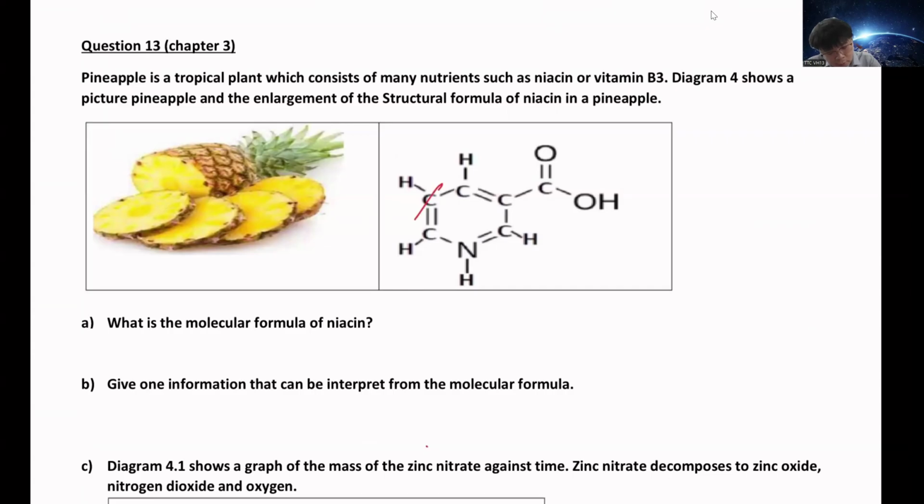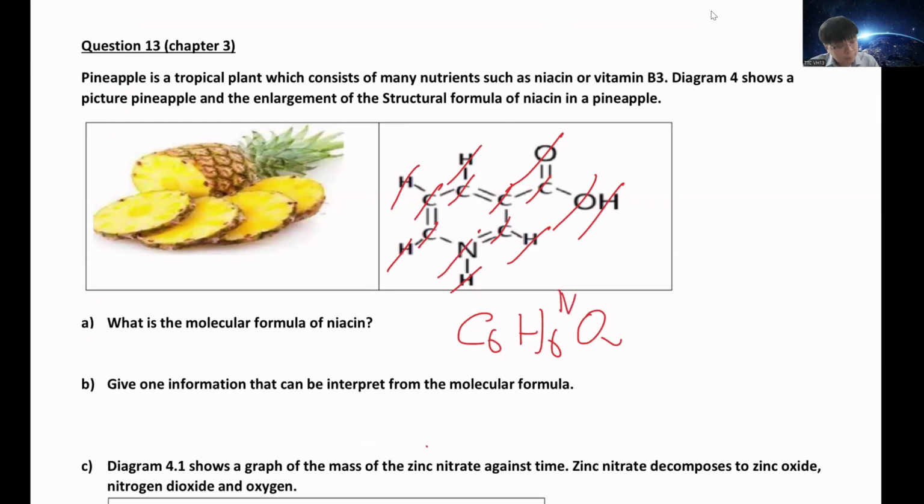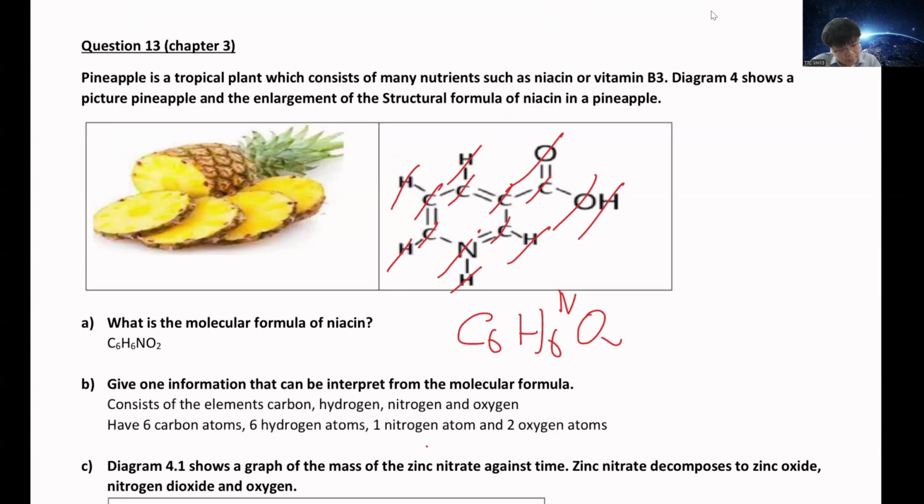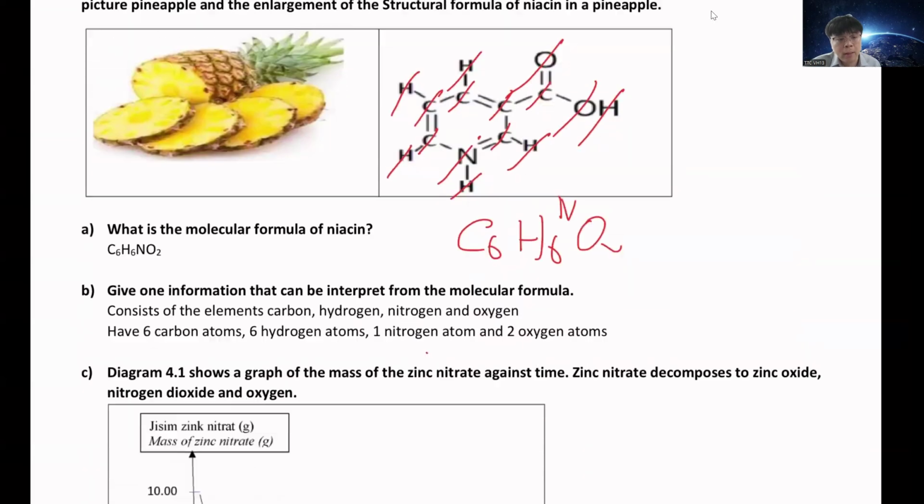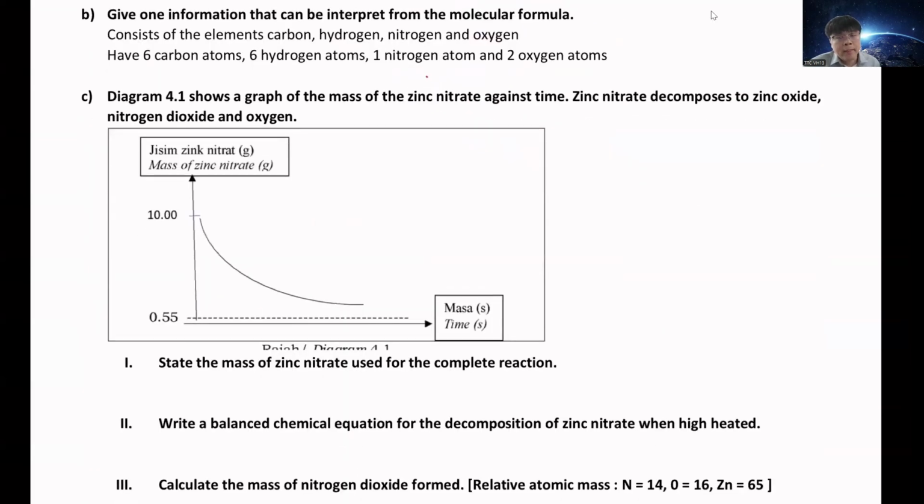You check the calculator. 1, 2, 3, 4, 5, 6, C6; 1, 2, 3, 4, 5, 6; okay, 6, O2, and 1 N. So the molecular formula is C6H6NO2. One piece of information you can mention first, it consists of carbon, hydrogen, nitrogen, oxygen, and then 6 carbon, 6 hydrogen, 1 nitrogen, and 2 oxygen atoms.